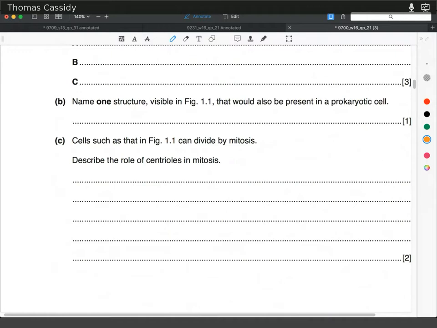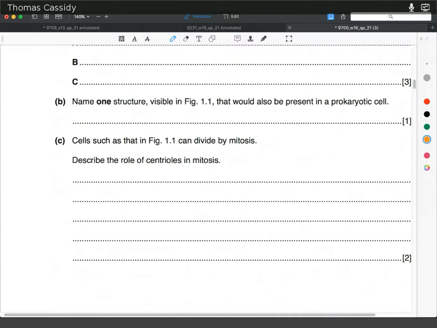You can pick up 1 mark for mentioning that they form these and that they are used to pull the chromosomes apart during the anaphase of mitosis.